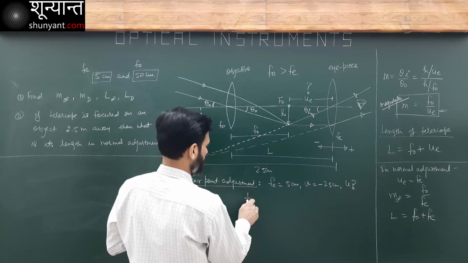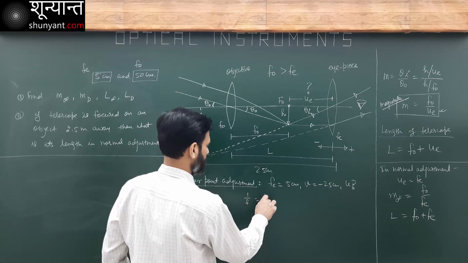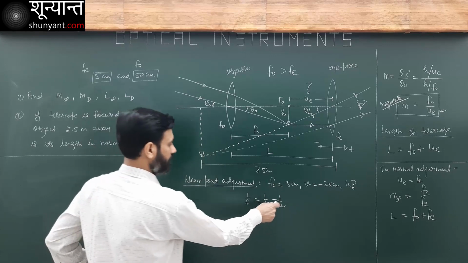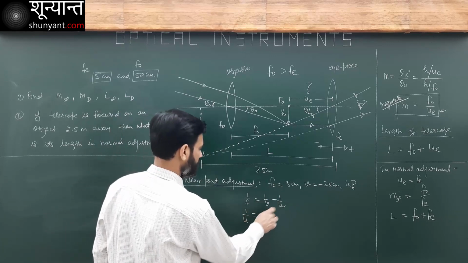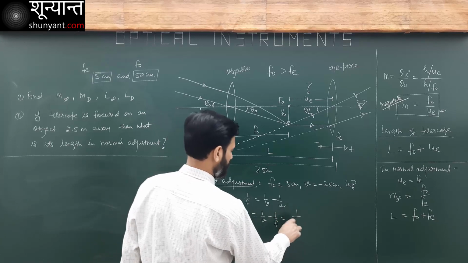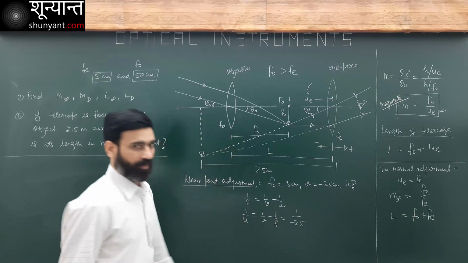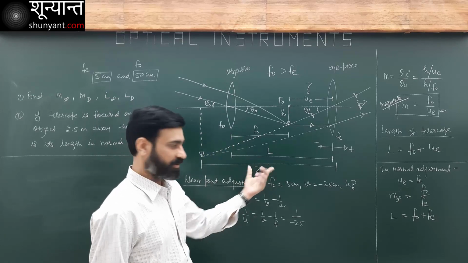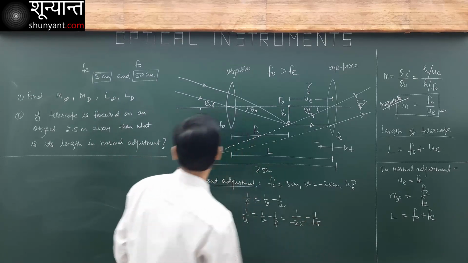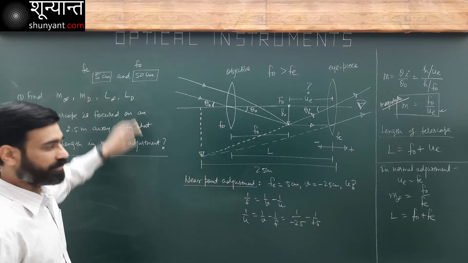So 1 over F is 1 over V minus 1 over U. Now 1 over U is 1 over V minus 1 over F. So 1 over minus 25, because I want my final image here at 25 centimeters, minus 1 over plus 5, this 5 centimeter eyepiece.